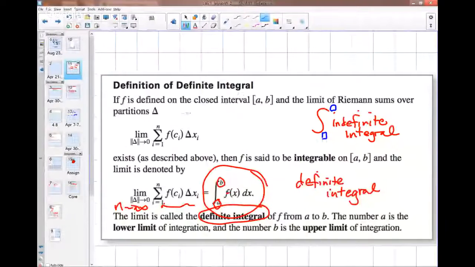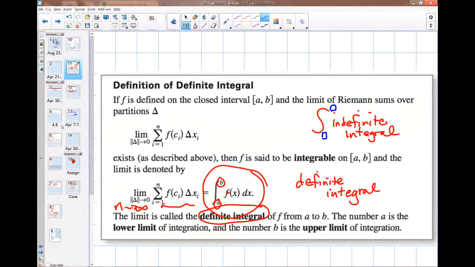And later, we're going to learn that we can actually have numbers in the a and the b position. Then it becomes a definite integral, kind of like the difference between f prime of x and f prime at 2, where you find a specific value, the same kind of thing. We haven't gotten there yet, and I think we'll be talking about that probably tomorrow or Friday.